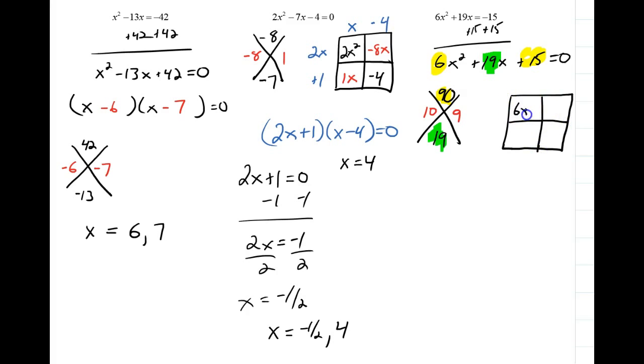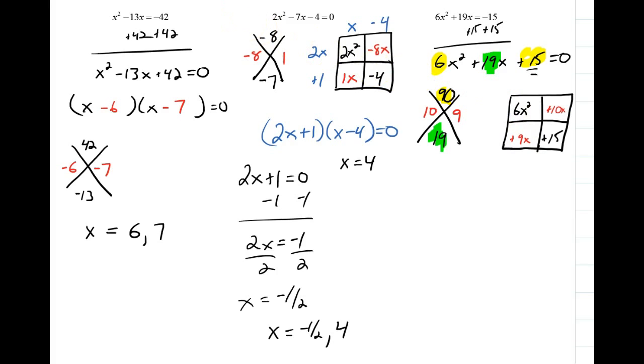First number in the first box, the last number in the last box, your answers in the remaining boxes, 10x, 9x.